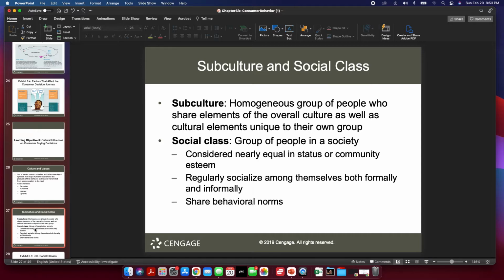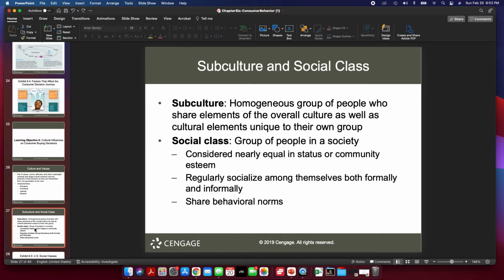Subculture. This is a group of people who share elements of the overall culture as well as cultural elements unique to their own group. Your social class. This is a group of people in a society. You're considered nearly equal in status, recognize, regularly socialize among yourselves, both formally and informally, and then you also have shared behavioral norms.